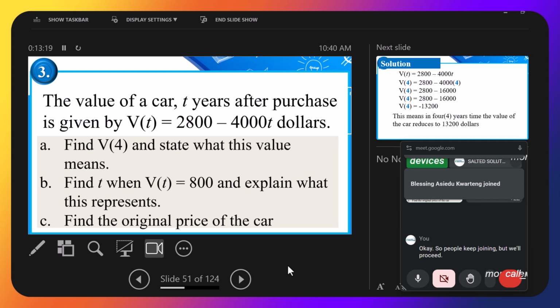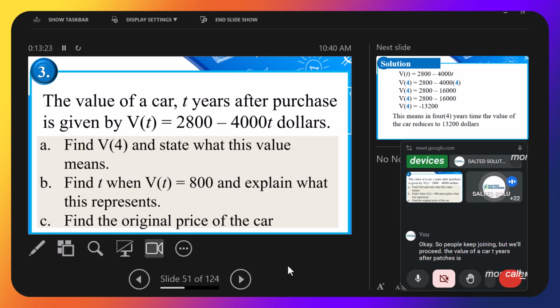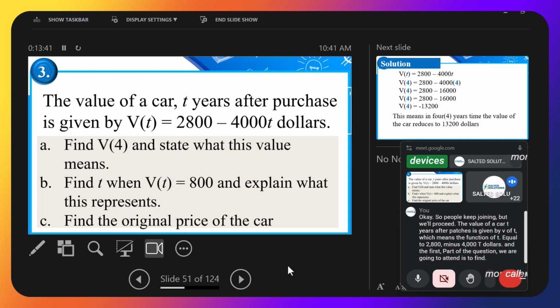The value of a car t years after purchase is given by v of t, which means the function of t, equal to 2,800 minus 4,000 t dollars. And the first part of the question we are going to attempt is to find v4 and state what the value means.